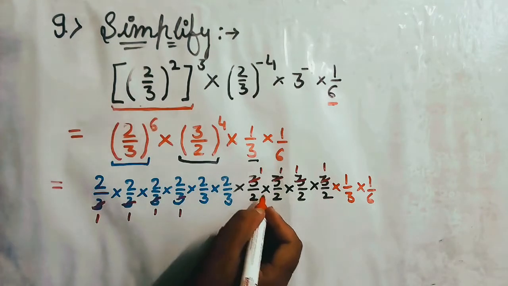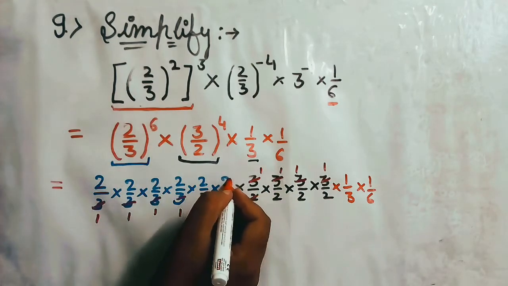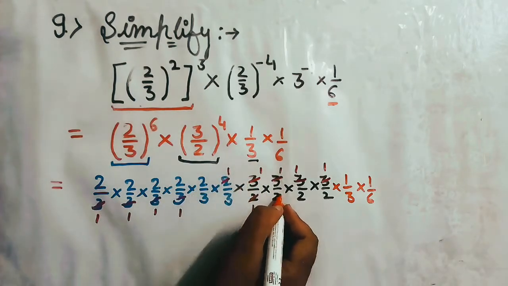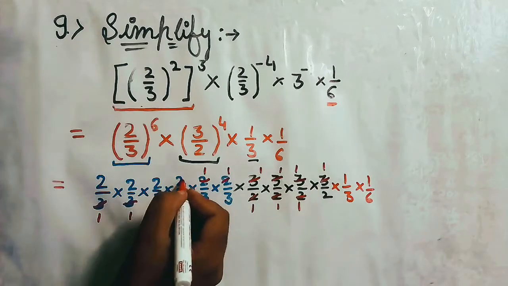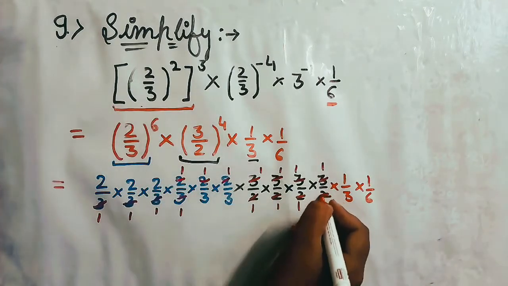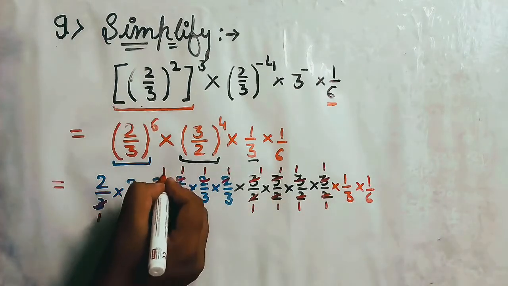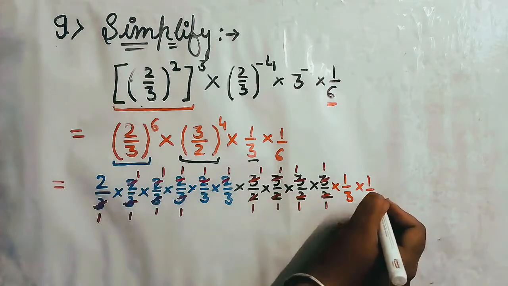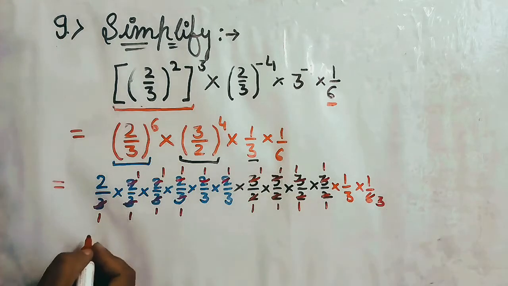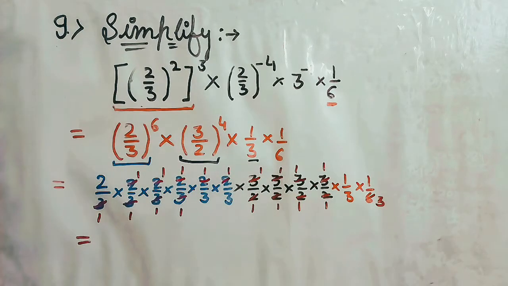Now 6 times 2 is there in the numerator, so 2 ones are 2, 2 ones are 2, 2 ones are 2, this 2 also 2 ones are 2, and 2 ones are 2, 2 3s are 6. Now write down the answer. You know that 1 multiplied by any number is the number itself.